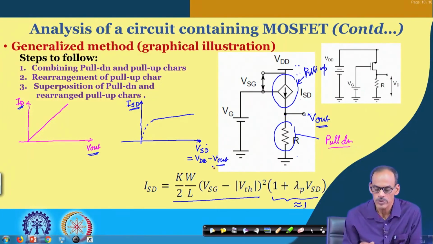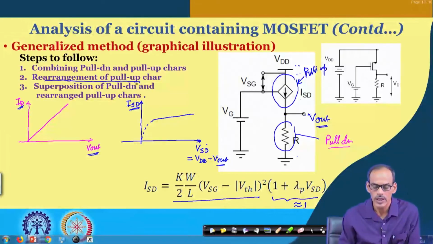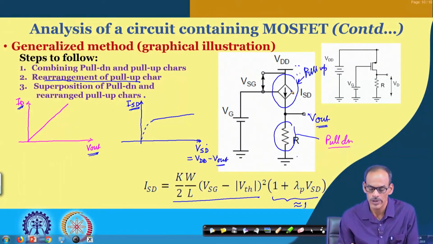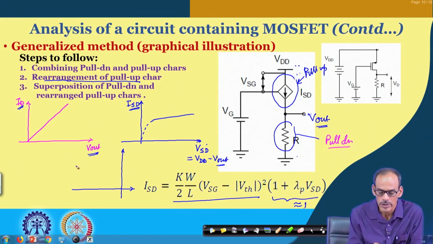So, what we have to do is rearrange this pull up characteristic. Incidentally, this is nonlinear in nature, so it is a bit tricky. First, we need to flip it. So, let us flip it, and the characteristic goes to the second quadrant and becomes like this.